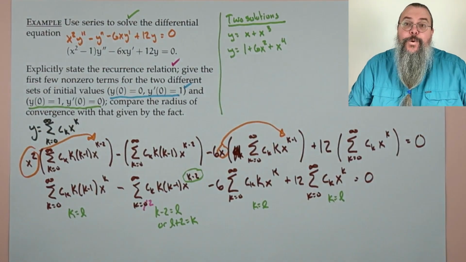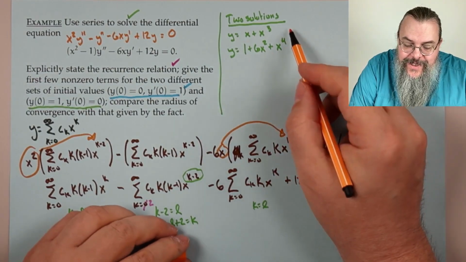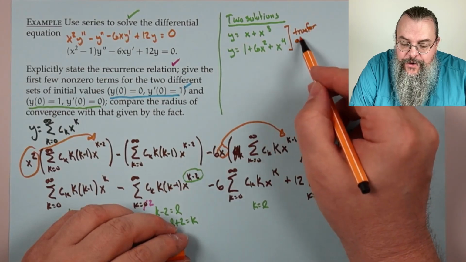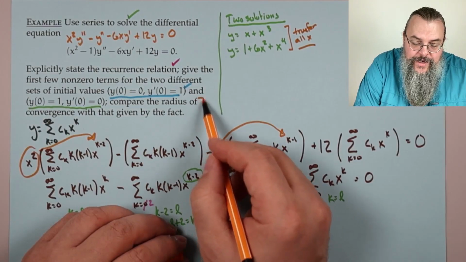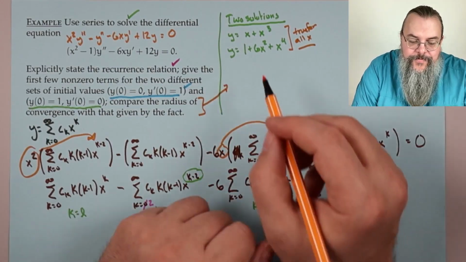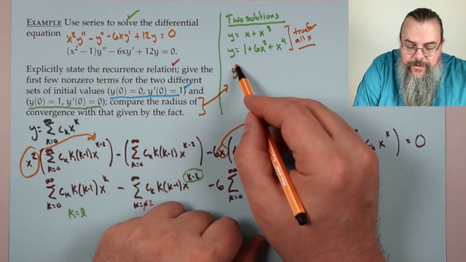Now, when will these solutions work? The answer is these are true for all x. There's no problem here. However, we talked about the fact... well, here's the thing. Let's look at this in terms of singular points, right?